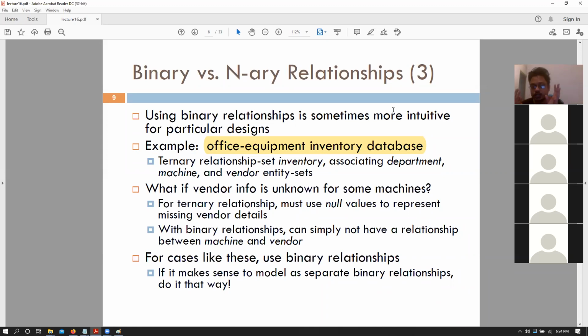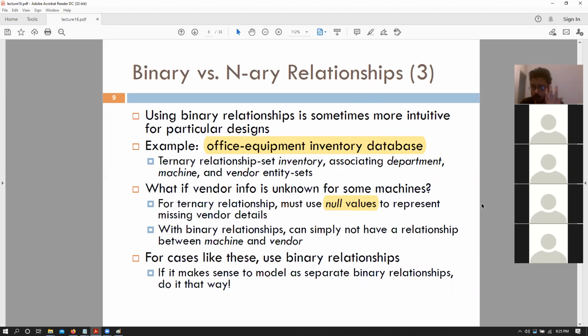In those situations, when we have inventory with the department that is using that printer and the vendor, we cannot use a ternary relationship, because that means that all of the primary keys together make up the key. If we do not have a vendor, that vendor would be represented as a null value, and something represented as a null value cannot be a primary key.